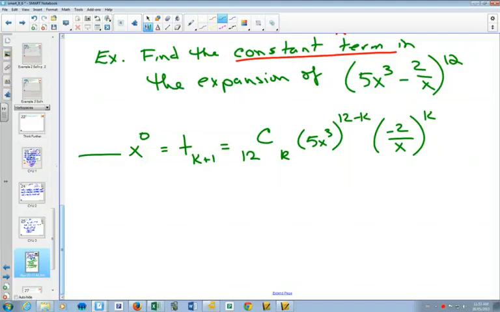You have to come up with a value of k so that, temporarily, we have an x cubed on top and an x to the k on the bottom. Do some mental math and see if you can figure out a k so that all your x's cancel out.